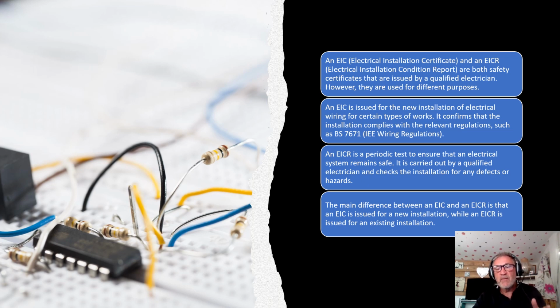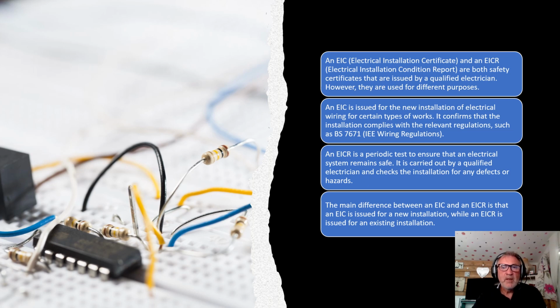And in fact, what we can then do when we identify the faults that may have arisen because you've carried out a condition report, we remedy the fault, we test and inspect that we've remedied the fault, and then we issue a minor works. A minor works is the other certificate that you must produce in your portfolio.